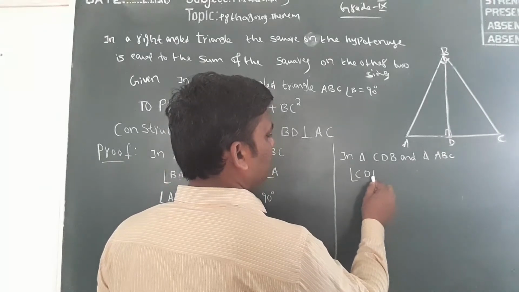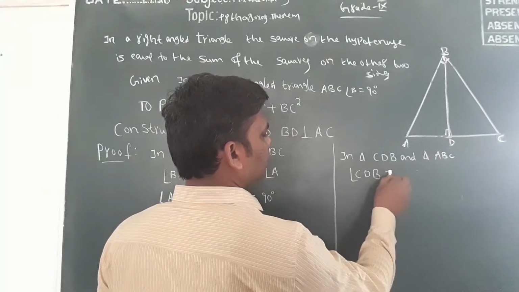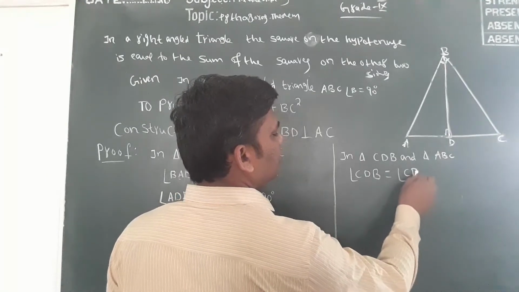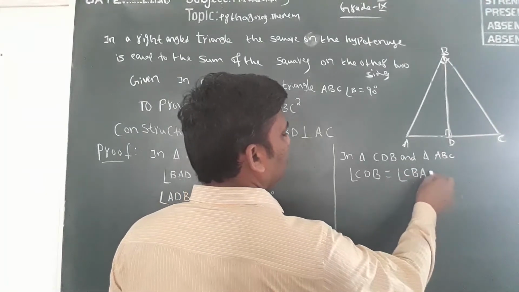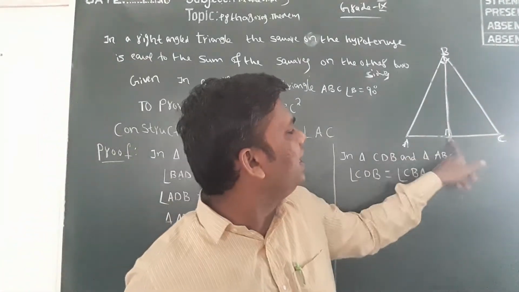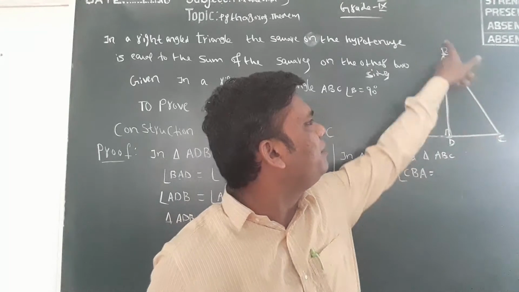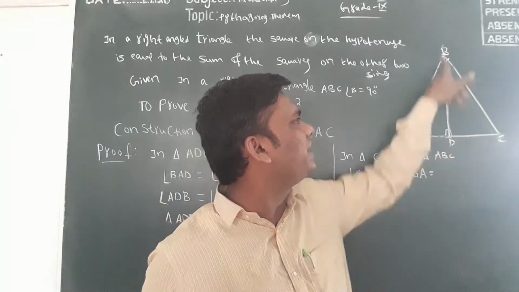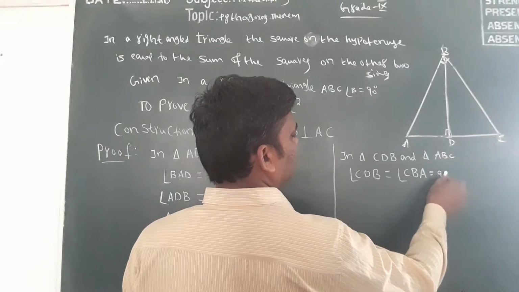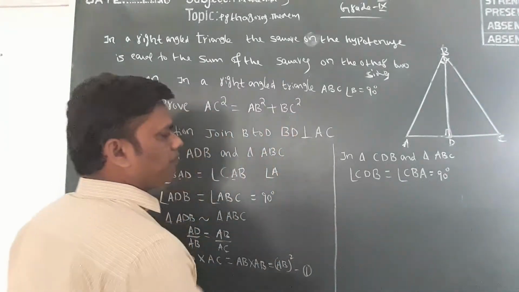Angle CDB is equal to angle CBA. Angle CDB, angle CBA, here 90 degrees, here 90 degrees. So 90 degrees.